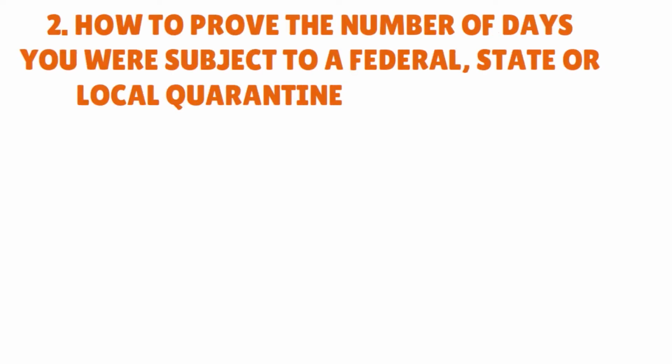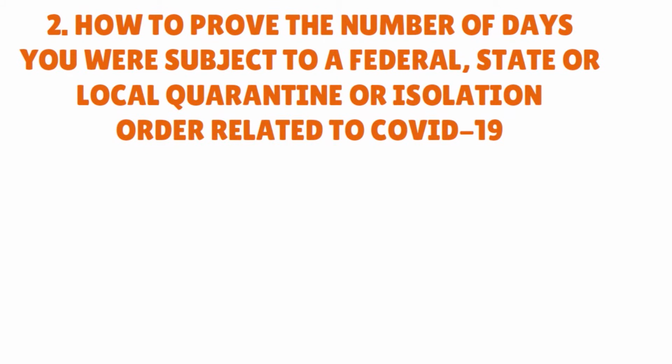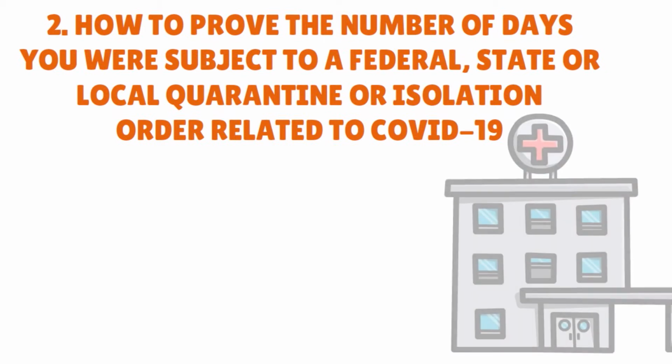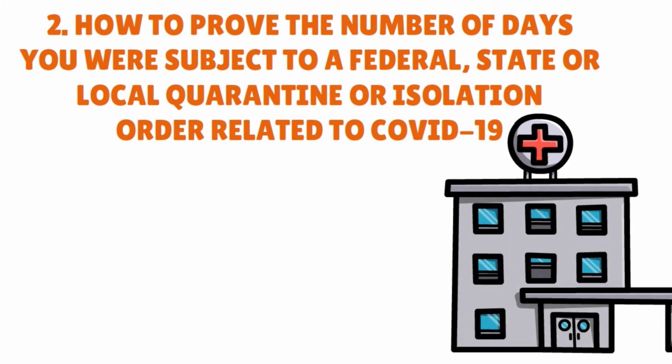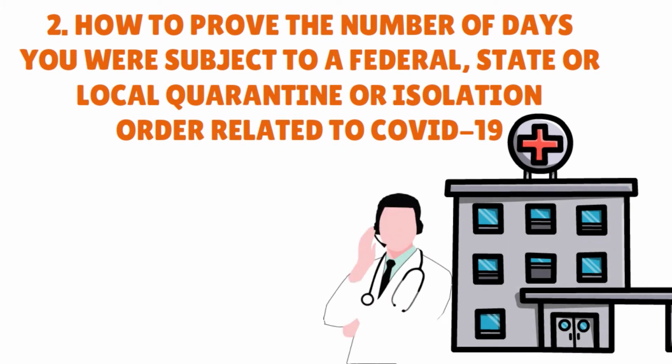So that's number 1. Number 2, how to prove the number of days you are subject to a federal, state, or local quarantine or isolation order related to COVID-19. There are a lot of ways you can prove that. You can show clips of newspaper articles, take snapshots of government websites, or provide news releases by federal, state, or local authorities.